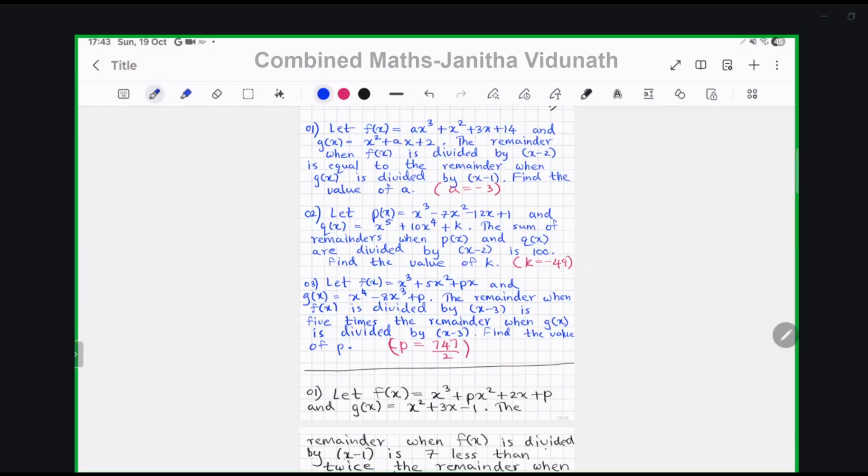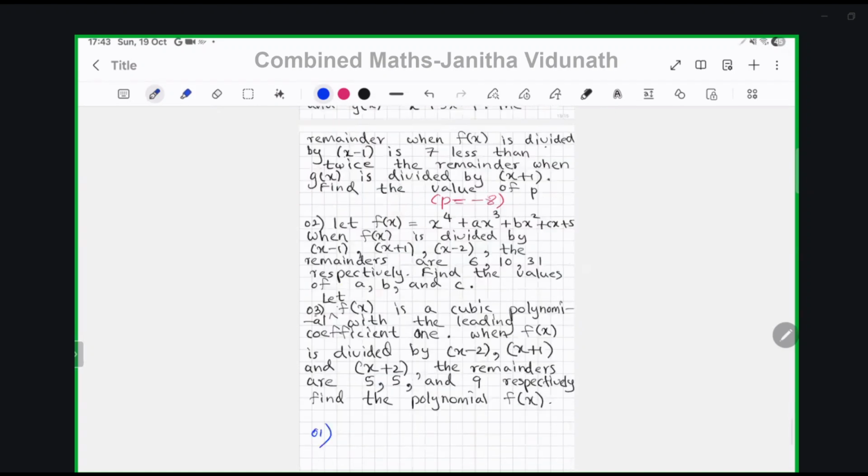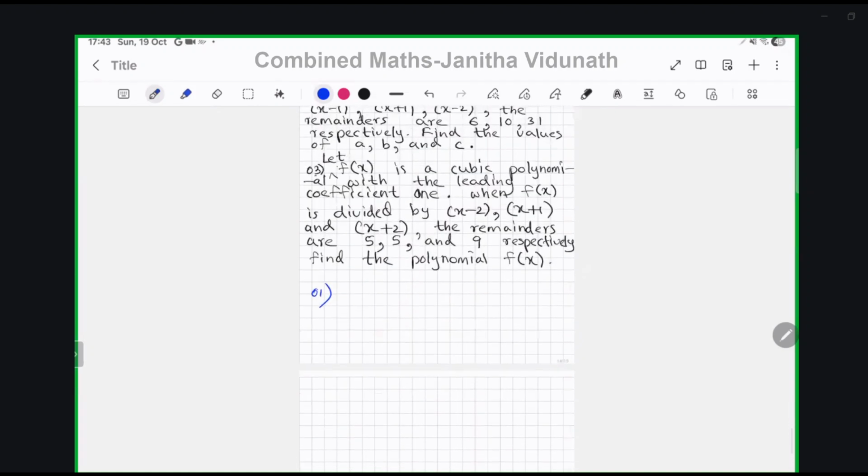In the first question, they have mentioned that the remainders are equal to each other. That means we need to find the remainder of fx when we divide it by x minus 2, and the remainder of gx when we divide it by x minus 1.